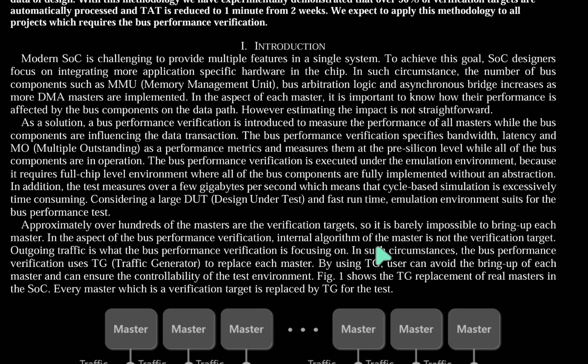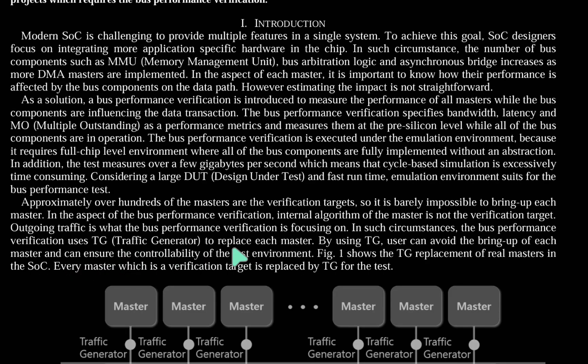In such circumstances, the bus performance verification uses the TG, traffic generator, to replace each master. By using TG, user can avoid the bring up of each master and can ensure the controllability of the test environment. Figure 1 shows the TG replacement of the real masters in the SoC.